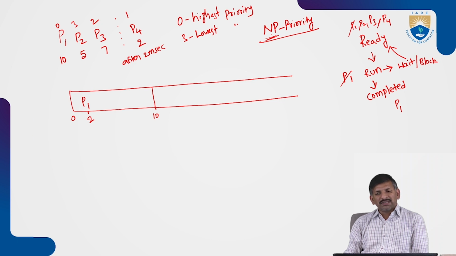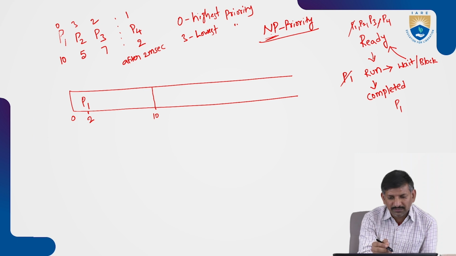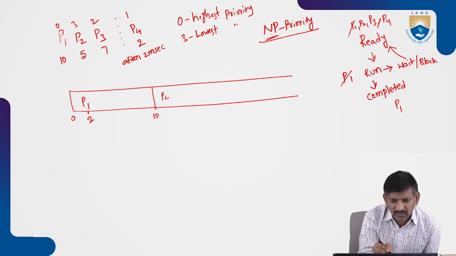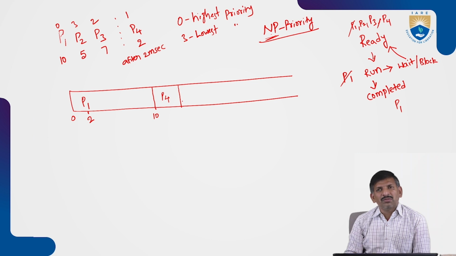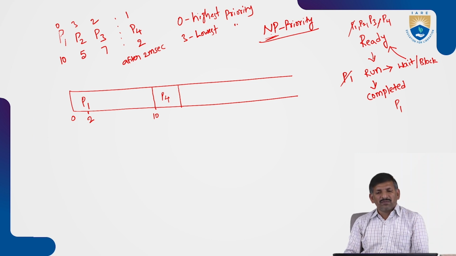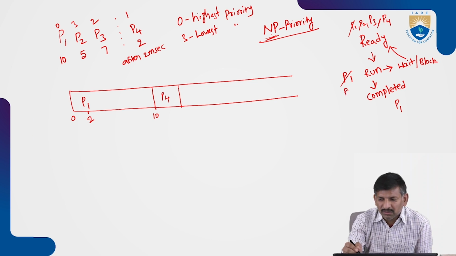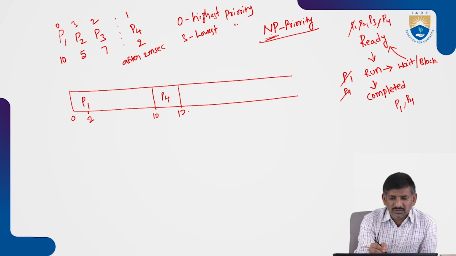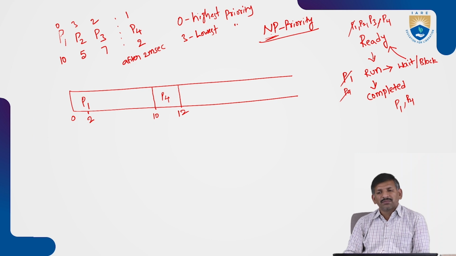Among them, which process is having the highest priority? P4, that is first priority. So that is scheduled for execution. Since it is non-preemptive, after completion of P4, only then the next is scheduled. Its execution time is 2 milliseconds.